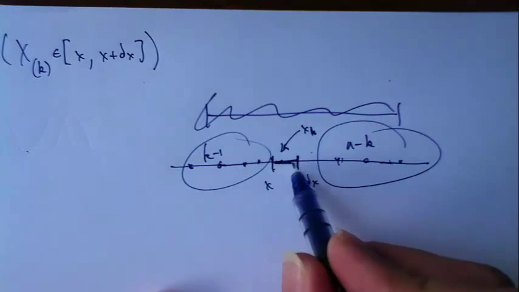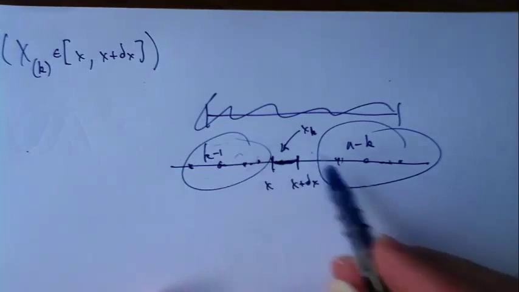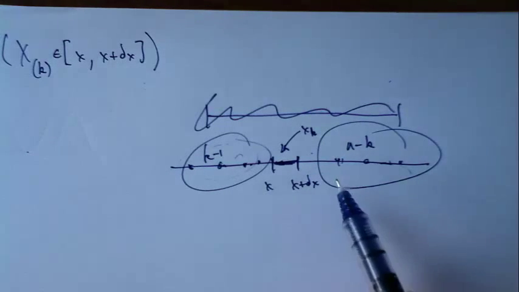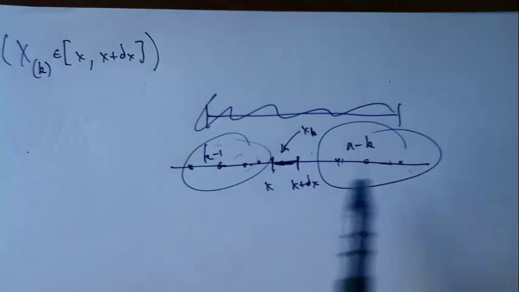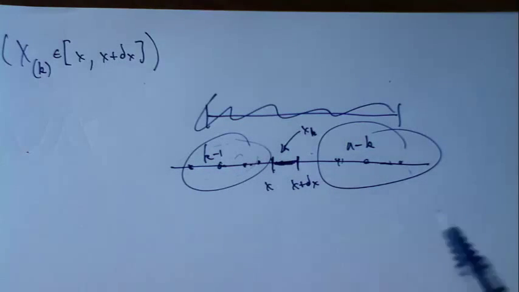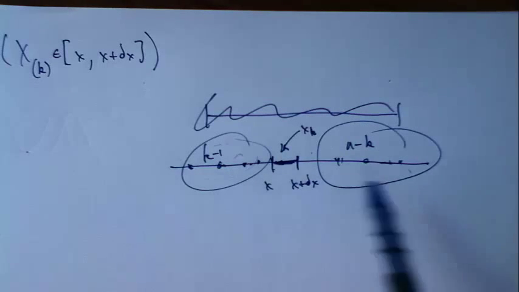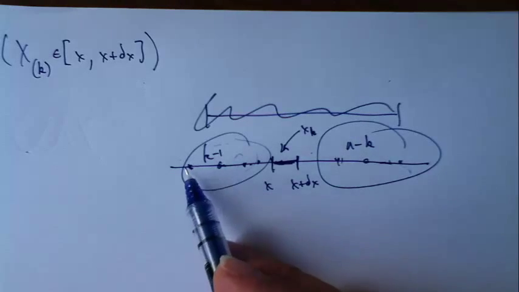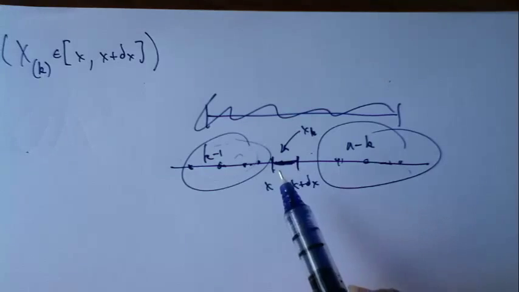Okay, you need to get one thing in here, k minus 1 things over here, and n minus k things over here. And each one of these little trials is independent, right? x1 can fall anywhere on the real line according to the CDF big F. x2 also falls anywhere on the real line according to the CDF big F. They're all independent. And so I'm thinking multinomial, right?